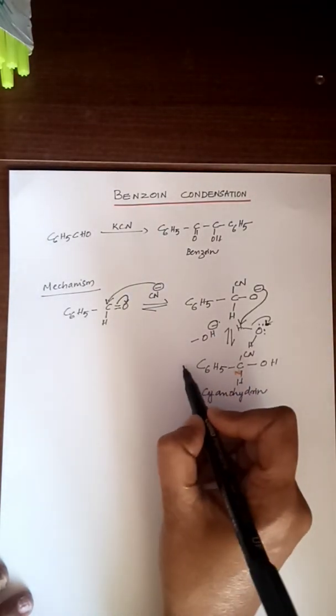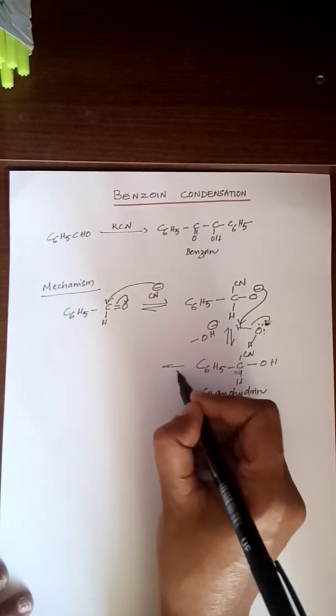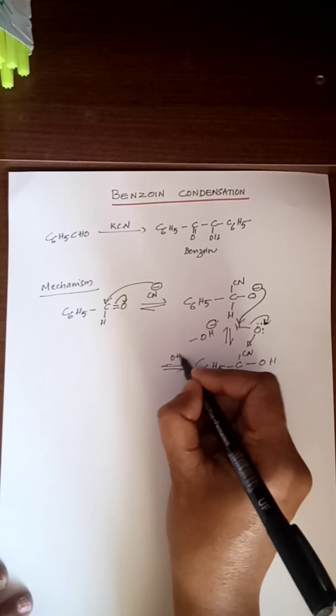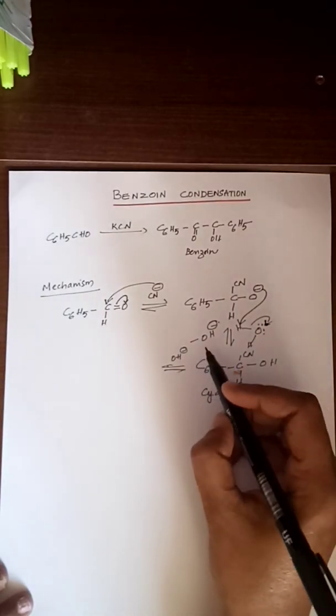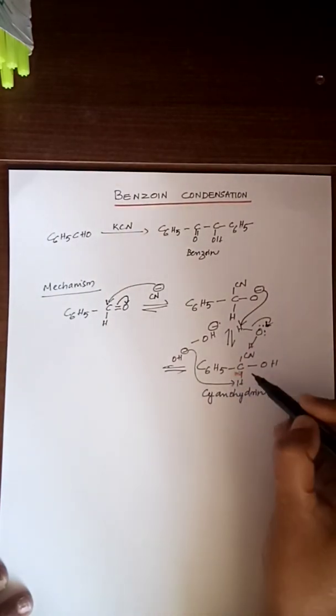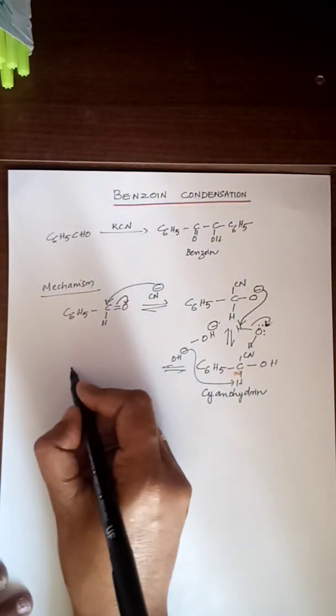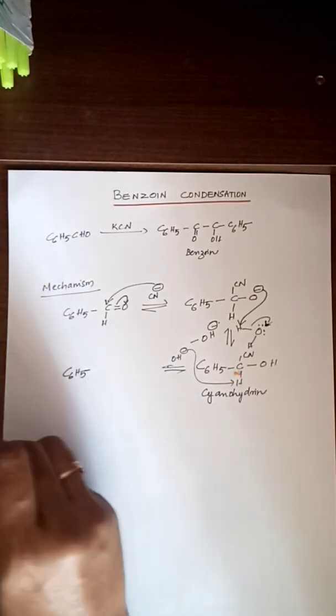In the presence of a base, let us consider the base OH minus, what will happen? This base will take up the H plus and the carbon will gain a negative charge, so a carbanion is formed.